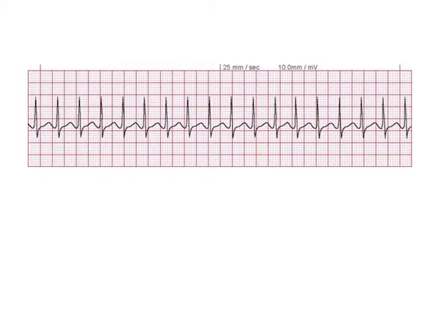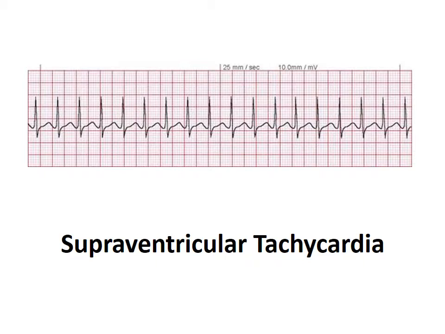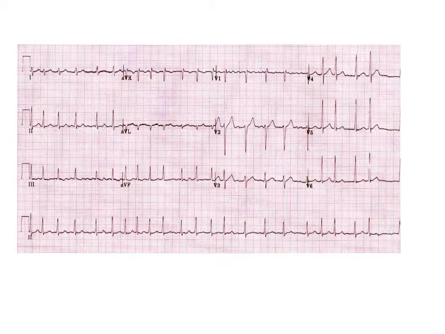You've got a narrow QRS complex, a rate of 150, and it's regular. Hard to tell if there are P waves because you've got the T wave really close to the next QRS. But what might give you a really regular pattern beating 150 beats a minute? SVT, supraventricular tachycardia. How do you treat that? Adenosine. It stops the heart, and then it restarts, and usually it's back in rhythm.